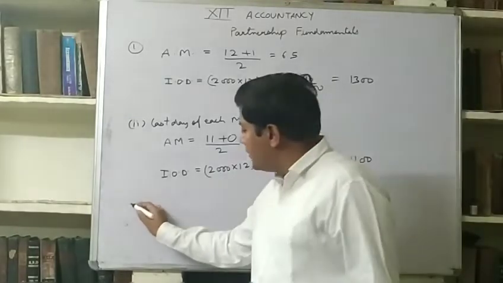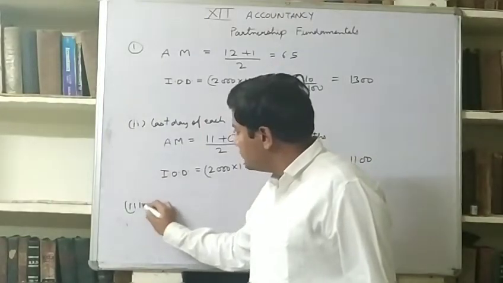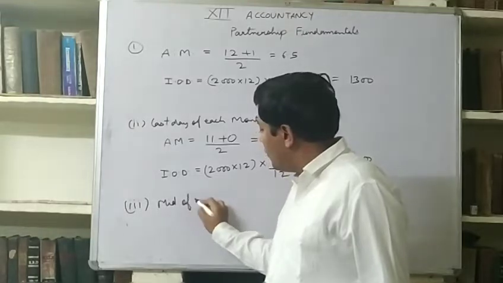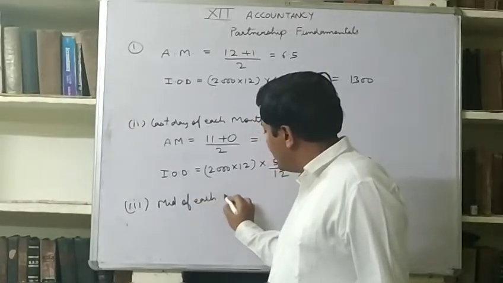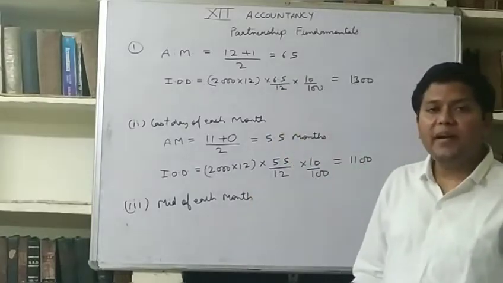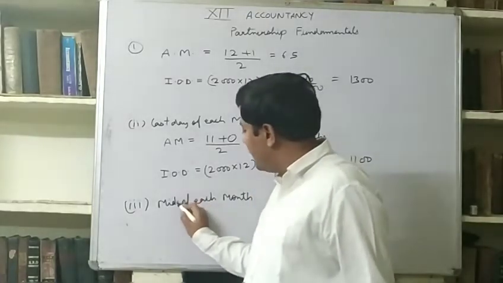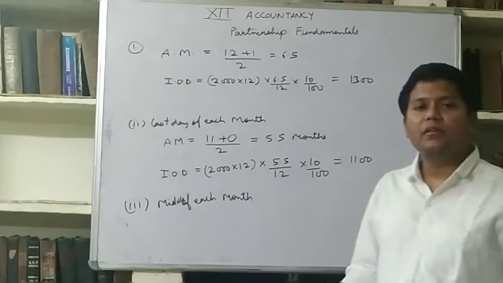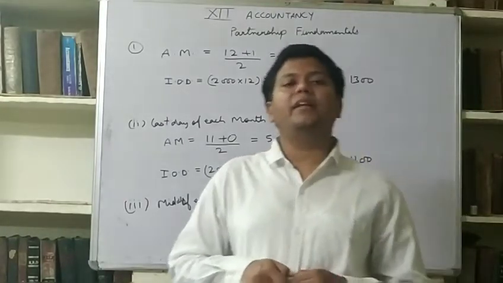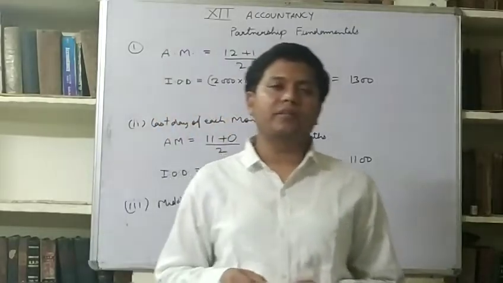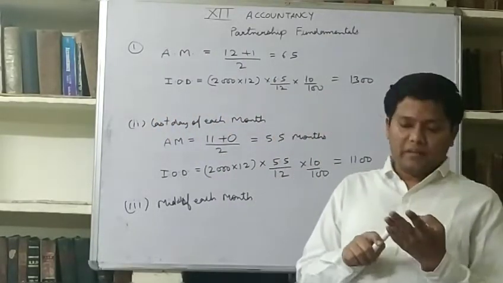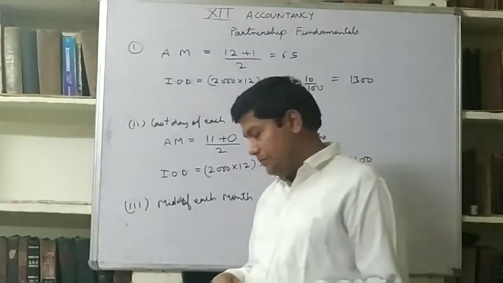And the third case is mid of each month. Mid means middle. Middle of each month means on the 15th, date 15, he is withdrawing. First will be 15 April, 15 May, 15 June, 15 July, and last 15 March.